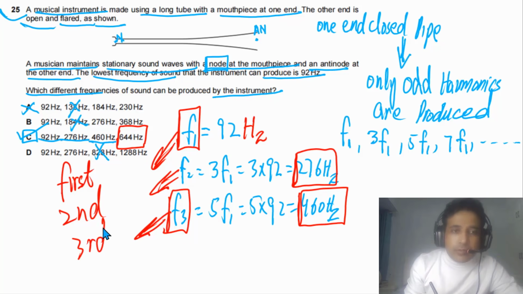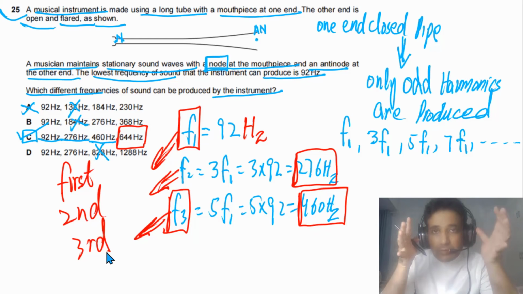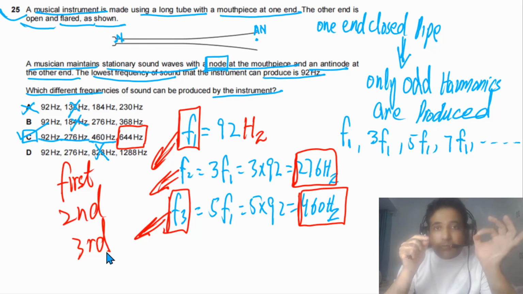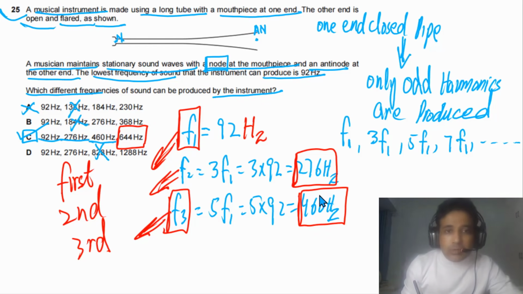So this is the third maximum, meaning the third loudest sound. When the stationary wave is formed inside this pipe, we will hear the third loudest sound, and at that time the frequency has to be equal to this one.